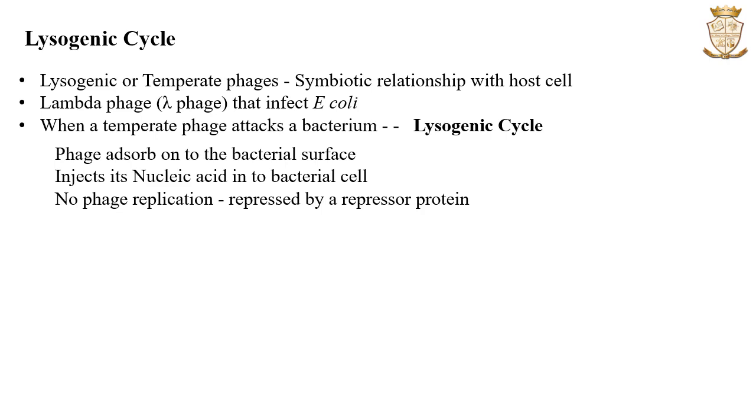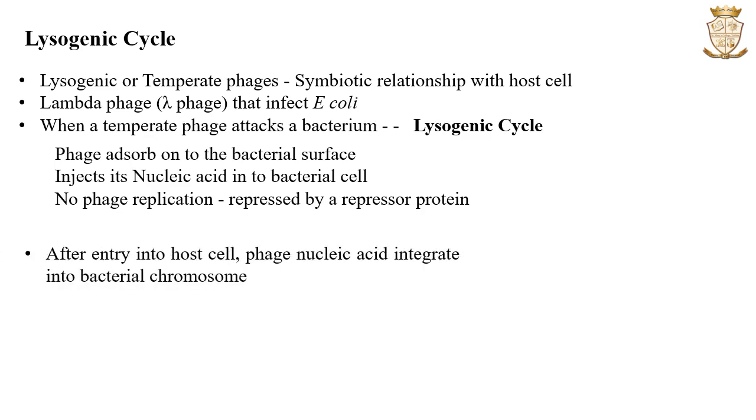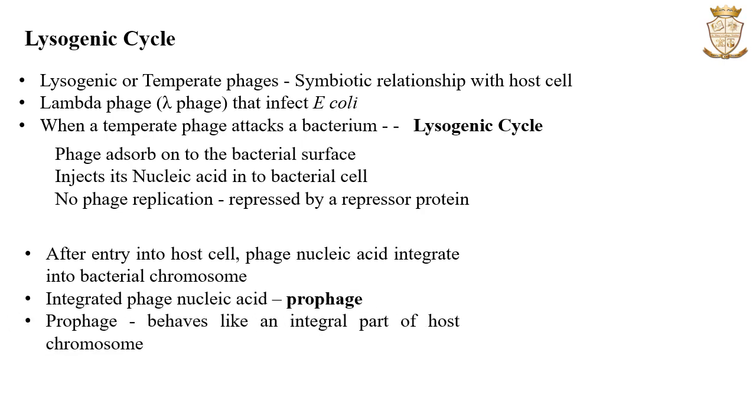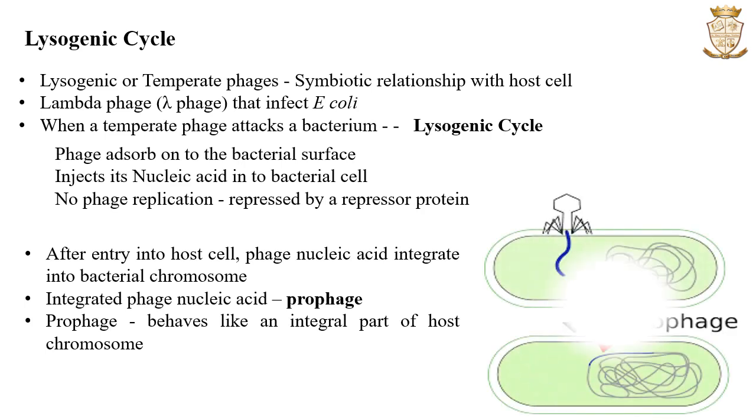The phage replication is repressed by a repressor protein, a phage encoded protein. Instead of being replicated, the temperate phage nucleic acid gets integrated into the bacterial chromosome. The integrated phage nucleic acid is known as the prophage. The prophage becomes and behaves like an integral part of the host chromosome.